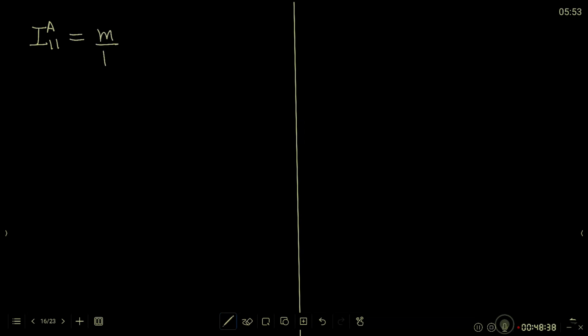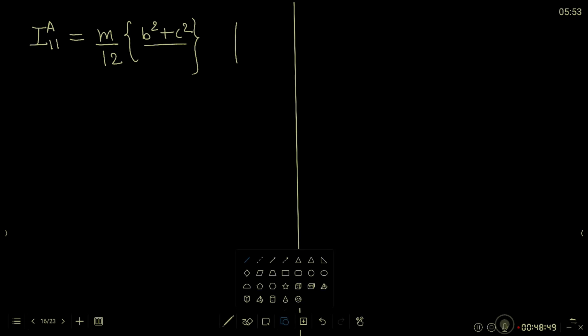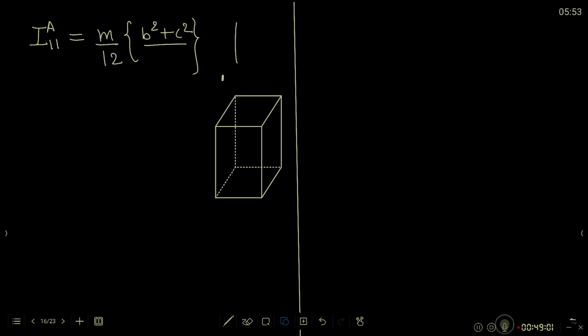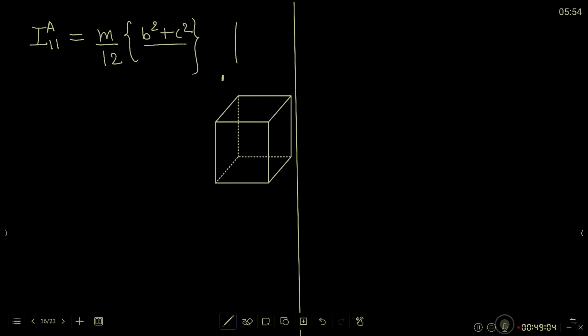And the cuboid was, let me draw this for quick reference here. This is the cuboid. So I was calling this edge a, this b, and this c.